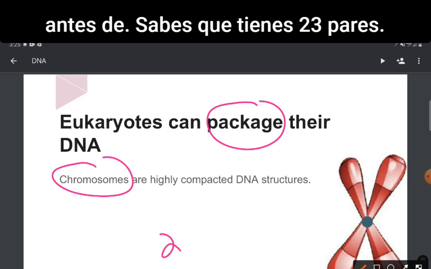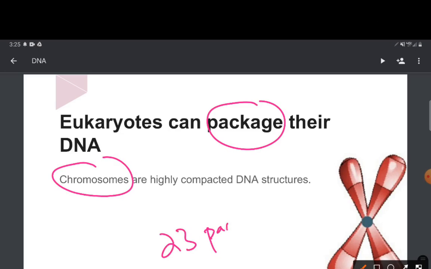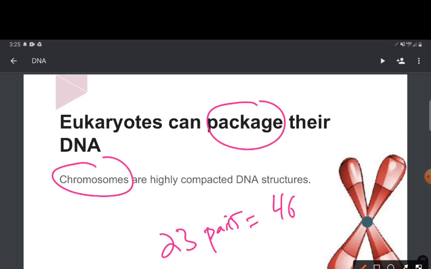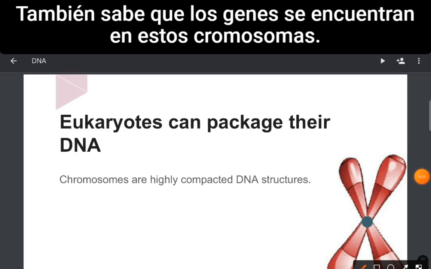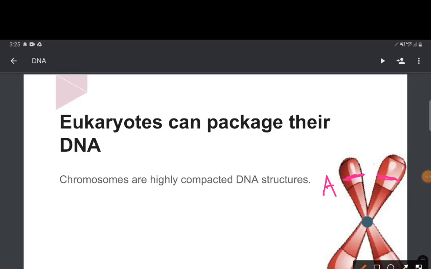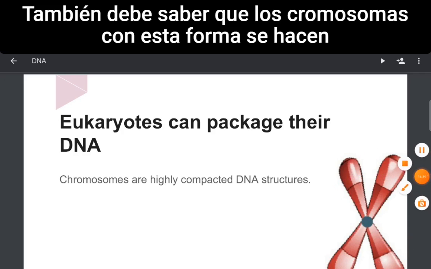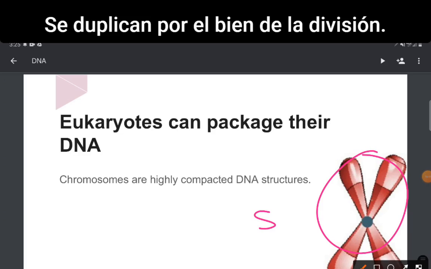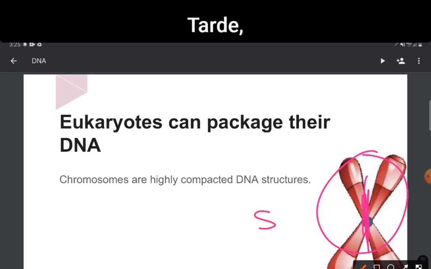You know that you have 23 pairs for a total of 46. You also know that genes are located on these chromosomes. You should also know that chromosomes in this shape are made during S phase. They are duplicated for the sake of division later.